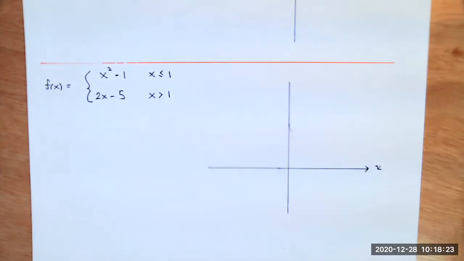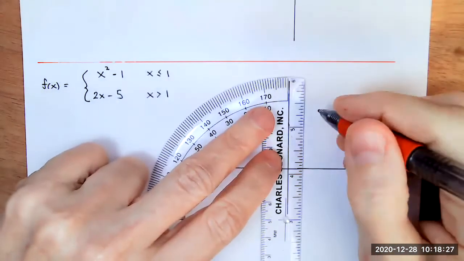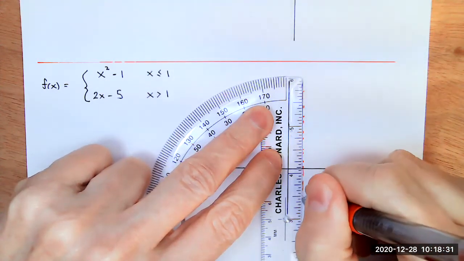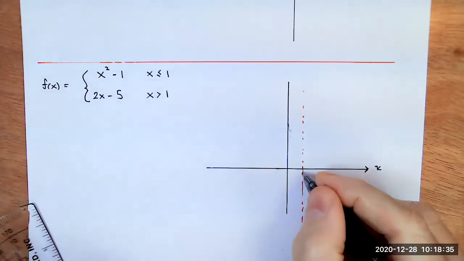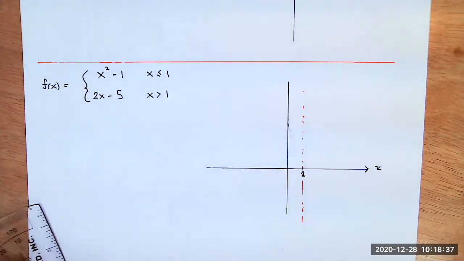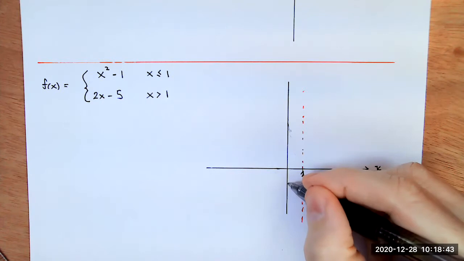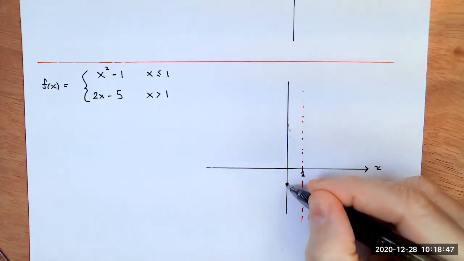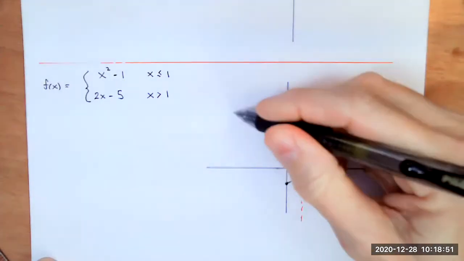Okay, so my things are going to change here. x equals 1, so I'm just going to put in a nice little dotted line. x squared minus 1 is a parabola with vertex at 0, -1. And at 1, it's actually equal to 0. So it's going to look like this.